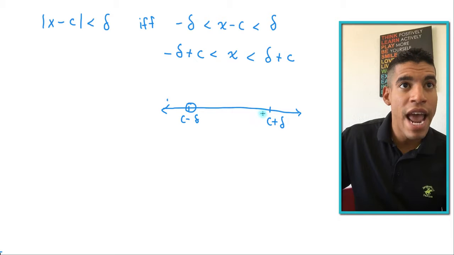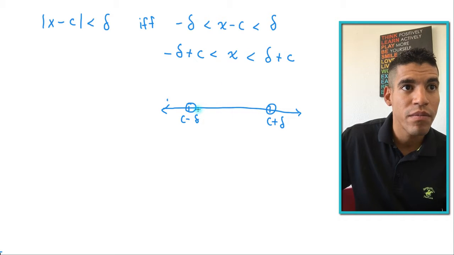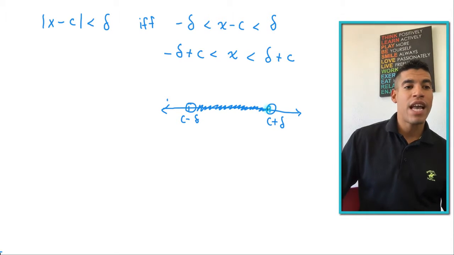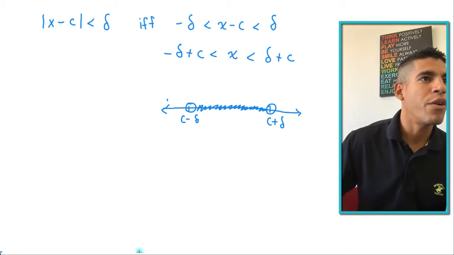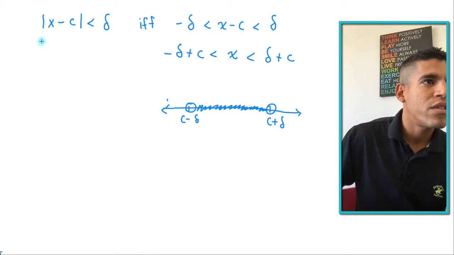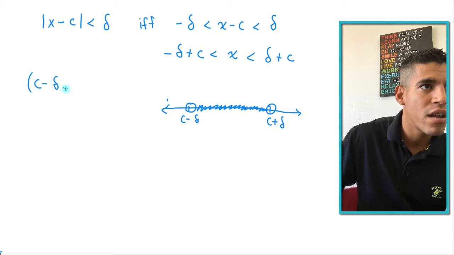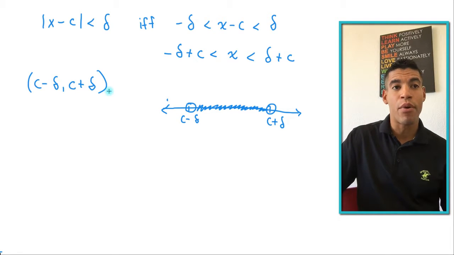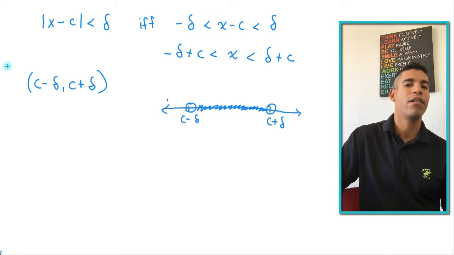And x is between those two, so x is everything between this. Okay? Now, how would you write that in terms of intervals? So it will be c minus delta, comma, c plus delta. And that will be your interval, right? I don't include the endpoints because there's no equality here.